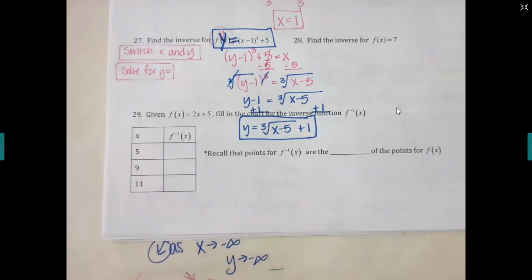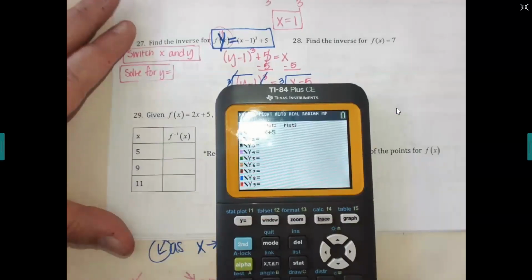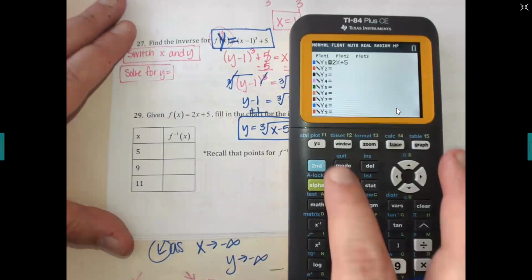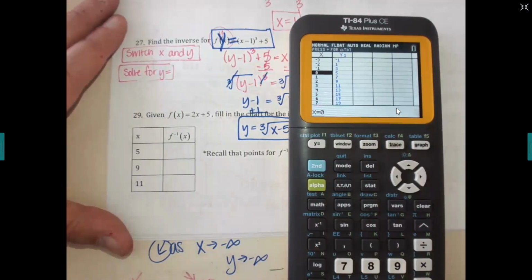So y equals, we're typing in 2x plus 5. I'm gonna go into my table. Second graph to open the table. Also for your exam, if you like Desmos better and you're more familiar with that, you can use that too. Anyone need help getting here?